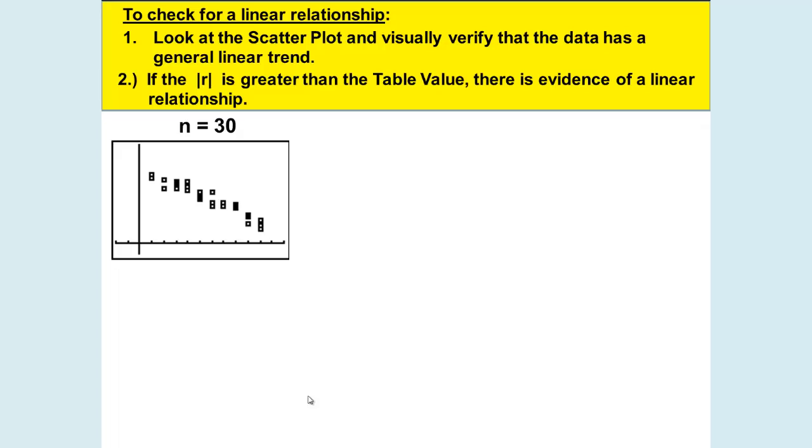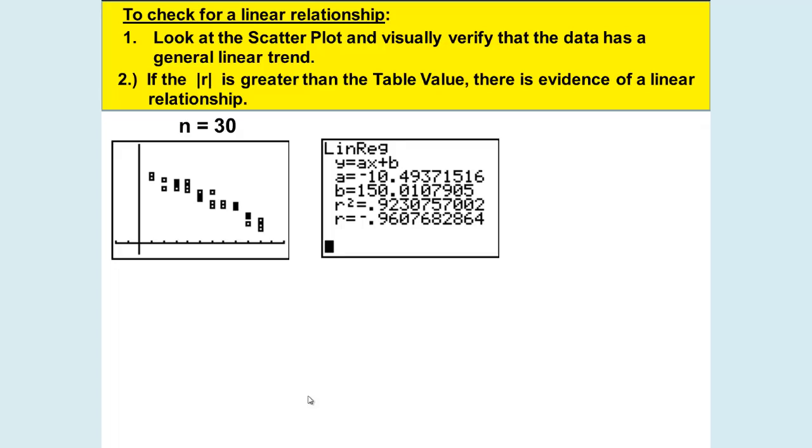Step 1 asks us to look at the scatter plot and visually verify that our data has a general linear trend, and our data does. For step 2, we use the calculator, again with steps in another video. For now, we're just looking at the correlation coefficient, comparing it to our table value, and deciding if a linear relationship exists.